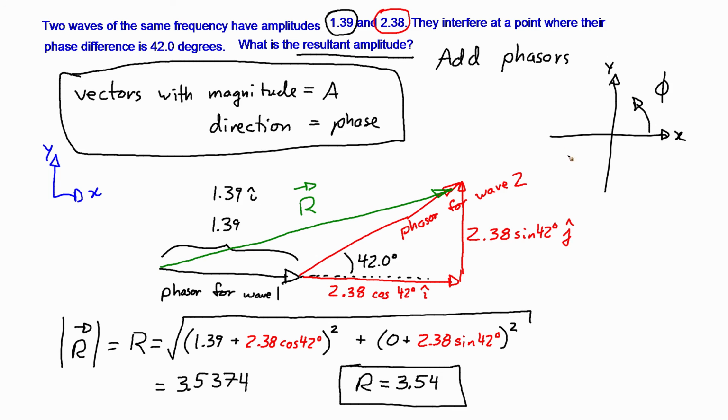If you had 200 degrees, it would be in the bottom left quadrant, pointing down. Then you just add them up, just like you add vectors. In this case, the question was asking for the resultant amplitude, so you add up the x components and square them, add up the y components and square them, and then take the root of the sum of the squares to get the amplitude of the resultant wave.